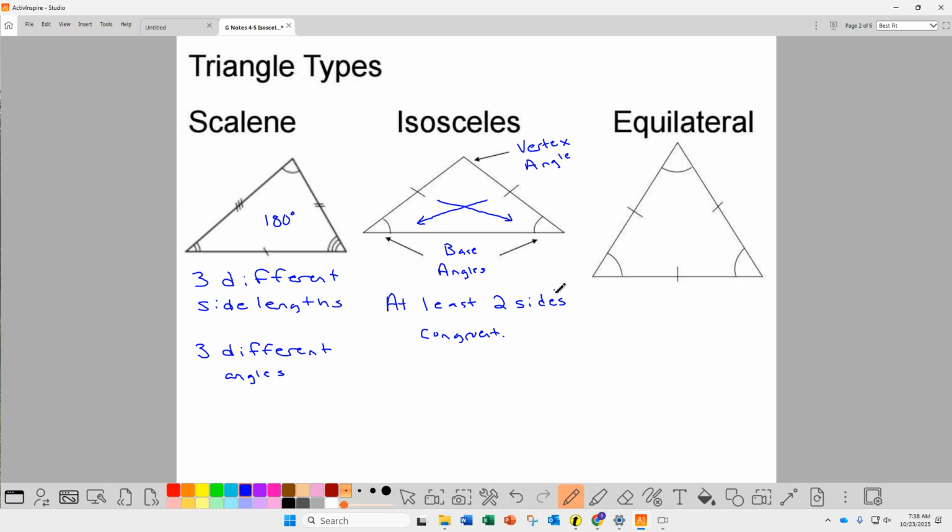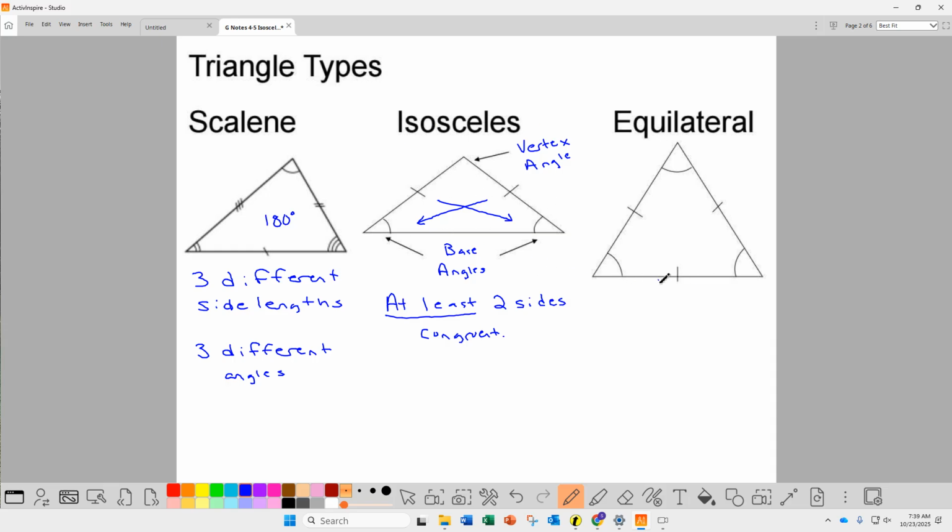This is very tricky because when you categorize isosceles triangles, a lot of people miss this because if you have an equilateral triangle, it also has at least 2 sides congruent. So if something is equilateral where they're all the same, it is also going to be isosceles because at least 2 of them are going to be the same.